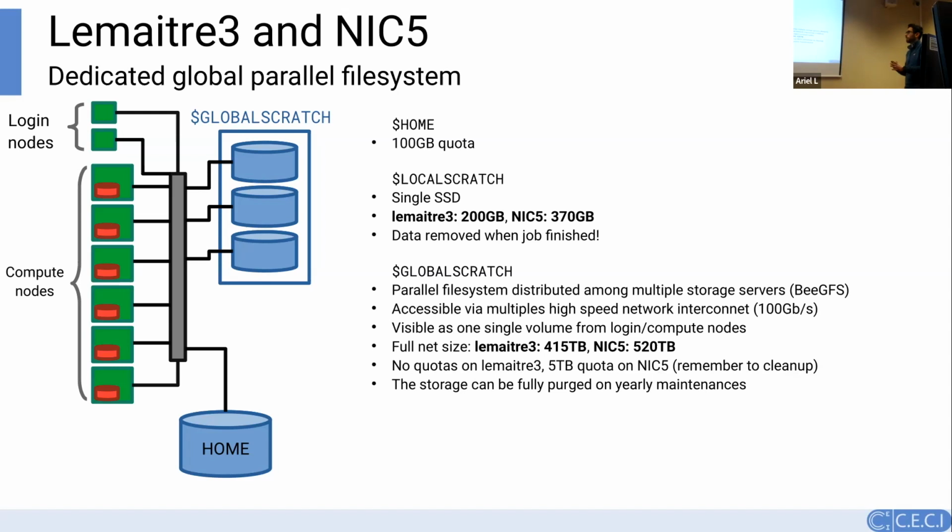I see it as a single file system, but it's actually distributed among different storage servers. Each of them has its own network uplink. That way, with that kind of aggregation, I can increase the I/O to this storage target.